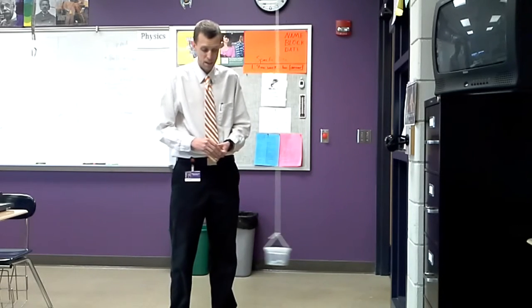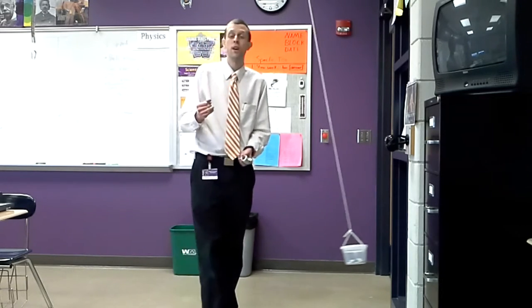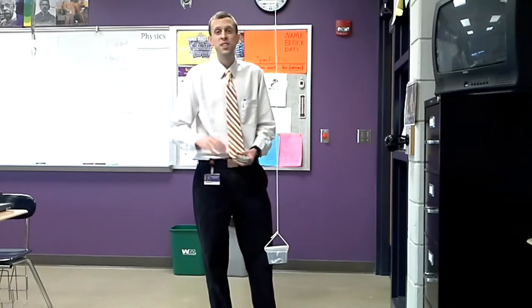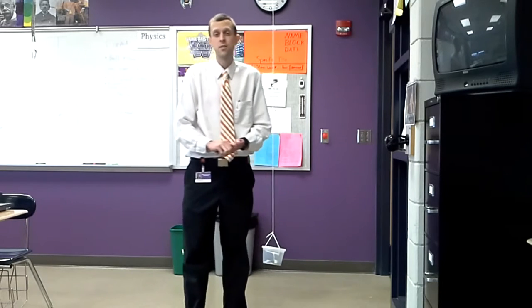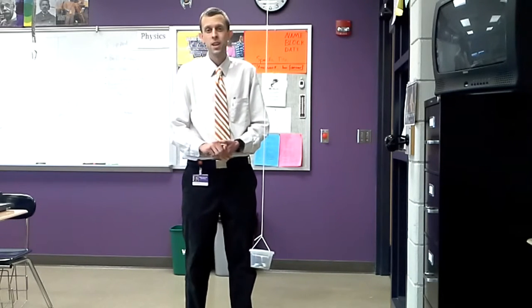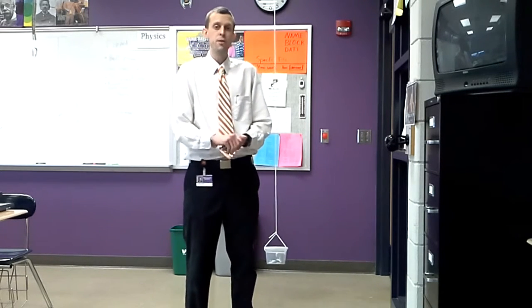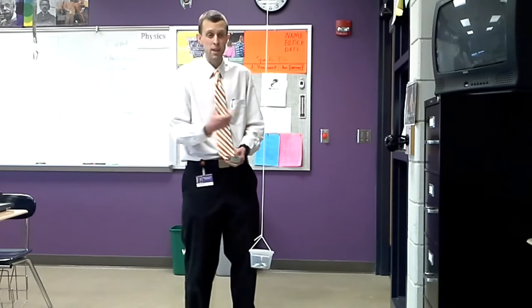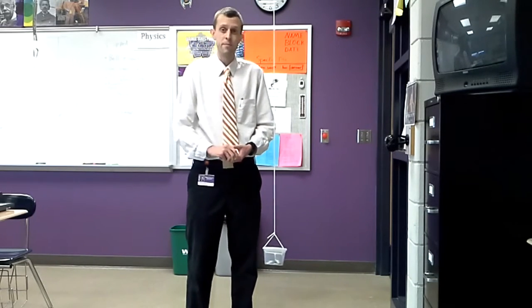Get ready to stop. 5. Stop. Okay, how much time was that? Get a number in your head and divide that number by 5. That number is the period for this pendulum going back and forth, the time it takes to go back and forth just one time.